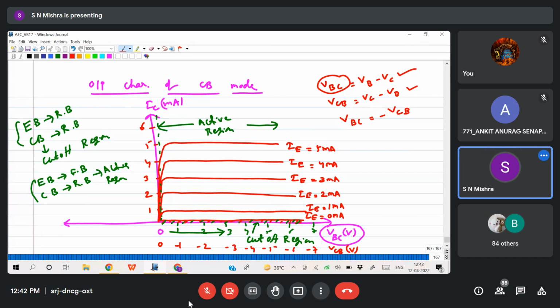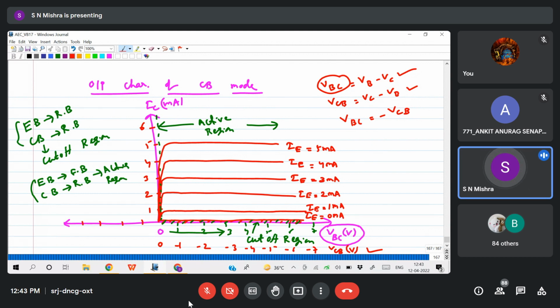We are giving VCB as negative voltage. Because I have plotted on the right hand side, that's why I have represented it as VBC, which is showing positive. Now, if I want to represent this VCB on the left hand side, then it should be positive. Or if I want to represent VBC on the left hand side, then it should be negative, because left of 0 means negative, right hand side positive.